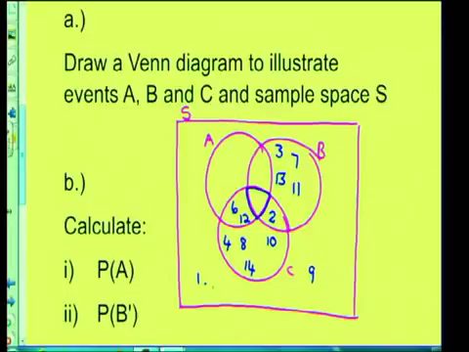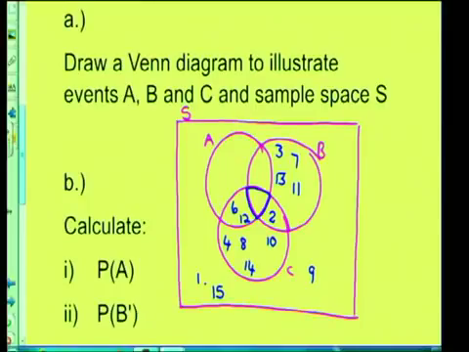And 15 is not even, prime, or a multiple of 6. So that would be my Venn diagram. Very easy to draw. You can do it in any way you like. Listing the sets is quite useful, and as you put them in, you underline them, so you make sure you've got everything there.